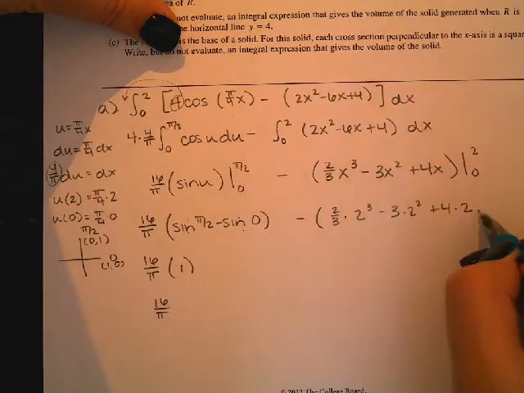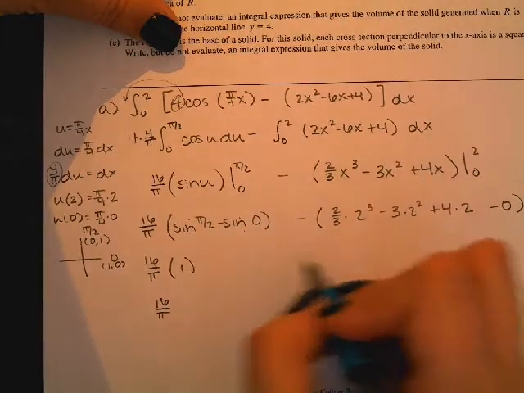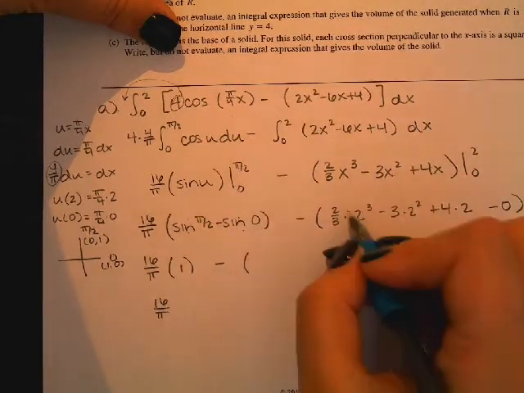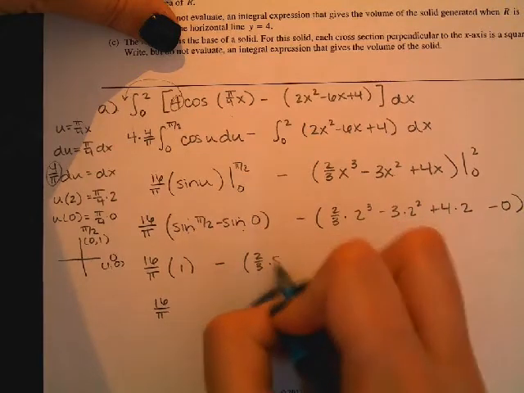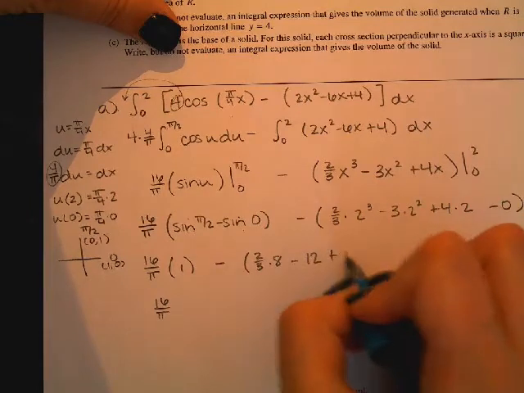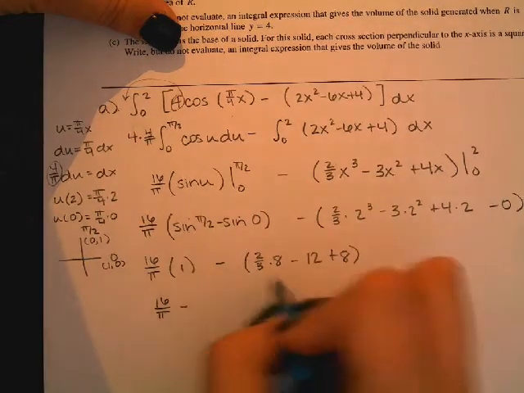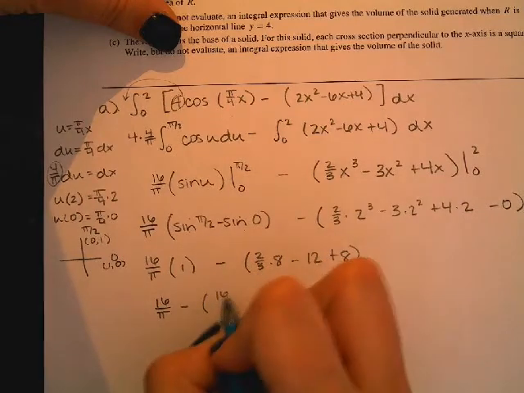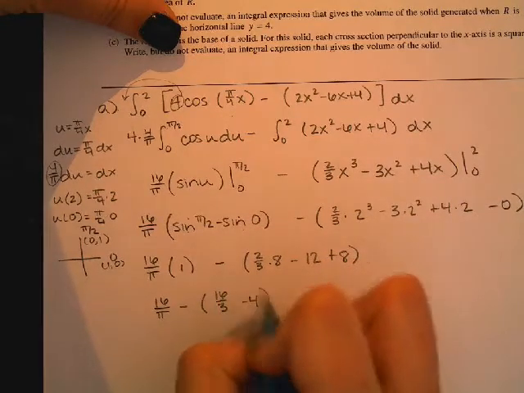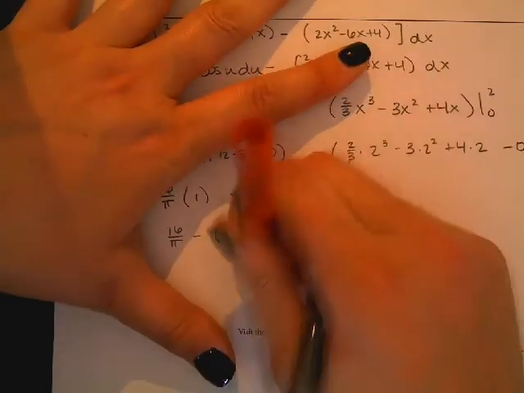When I plug the 2's in, if I plug 0 in, I'm just going to get 0 for everything. 2/3 times 8, 3 times 4. So we're minusing 16/3 minus 4.